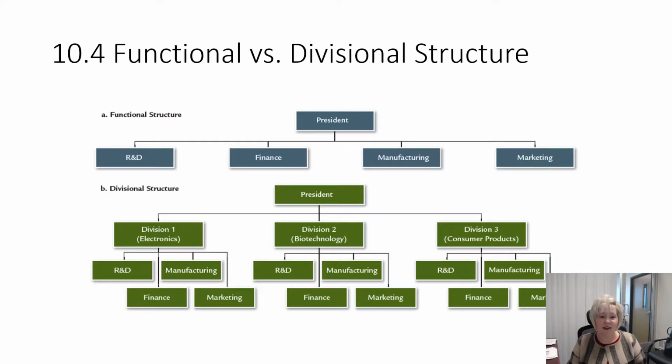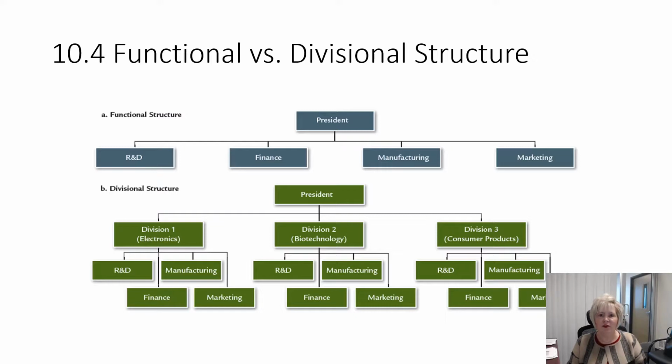The two disadvantages to the functional flat structure are that there's a lot of duplication of resources across divisions, and that there's less technical depth and specialization. So this is a great structure for a business just starting up.